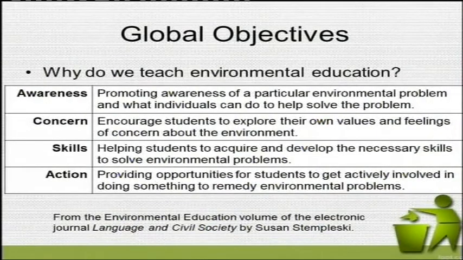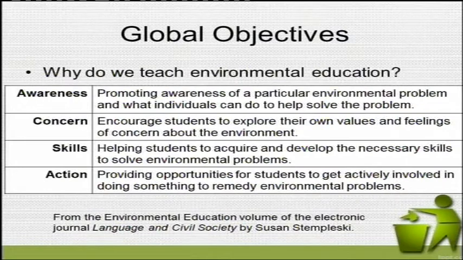There are 4 main words we think about: awareness, concern, skills, and action. It all ends in action. Awareness: promoting awareness of a particular environmental problem and what individuals can do to help solve the problem. Concern: encourage students to explore their own values and feelings of concern about the environment.